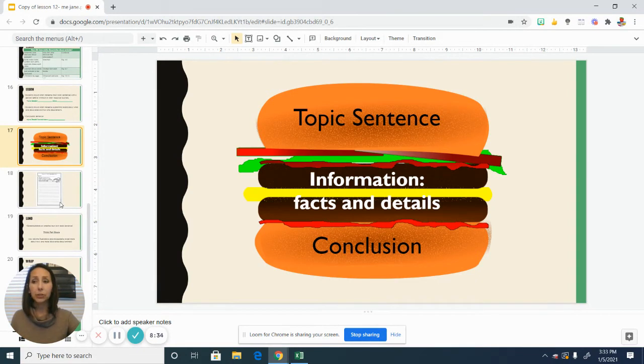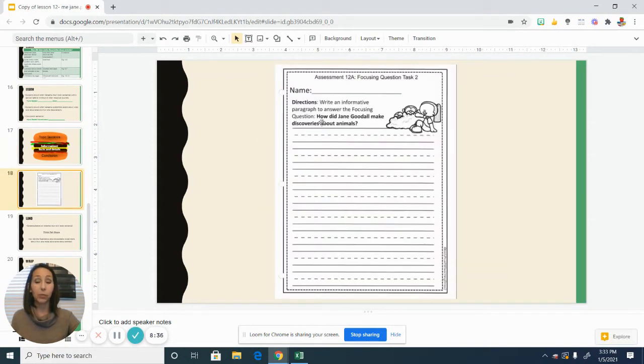So if we go back to the question, how did Jane Goodall make discoveries about animals? We could start our informative paragraph by taking this question and turning it into a complete sentence, a telling sentence, a declarative sentence. Something like Jane Goodall makes discoveries about animals, right? That could be our topic sentence.